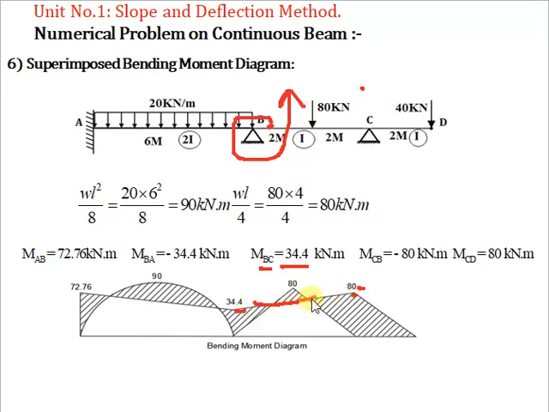So by joining this we will get, and at C the free end moment is 0. So by joining this you will get the diagram for the end moment. The portion which does not overlap, you have to hatch. Okay, so this is about your bending moment diagram. Thank you.